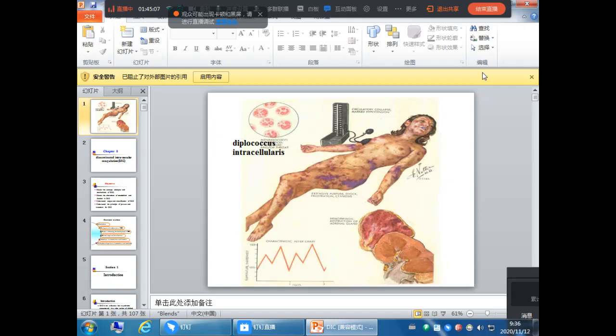Now you first review contractility, systolic or diastolic.